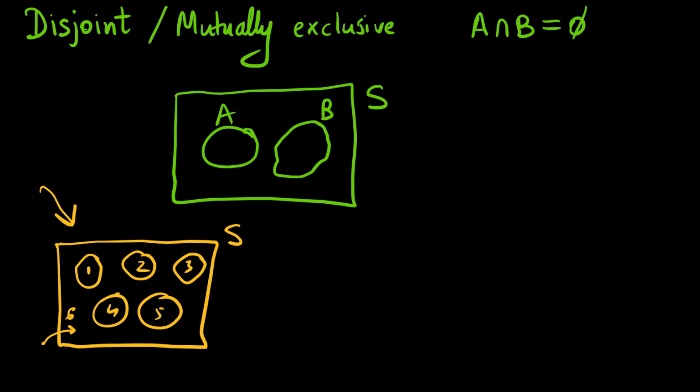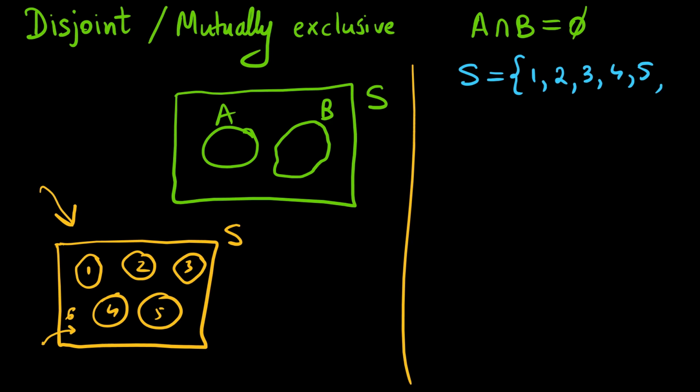Partitions will be quite important in a lot of what we'll do in probability. Notice that there are many different ways to partition a sample space. So if we looked at the experiment of rolling a die, where the sample space consists of the numbers 1, 2, 3, 4, 5, 6, what's one partition?